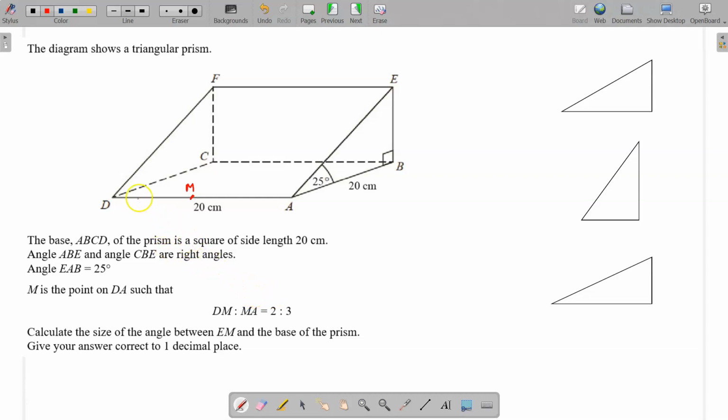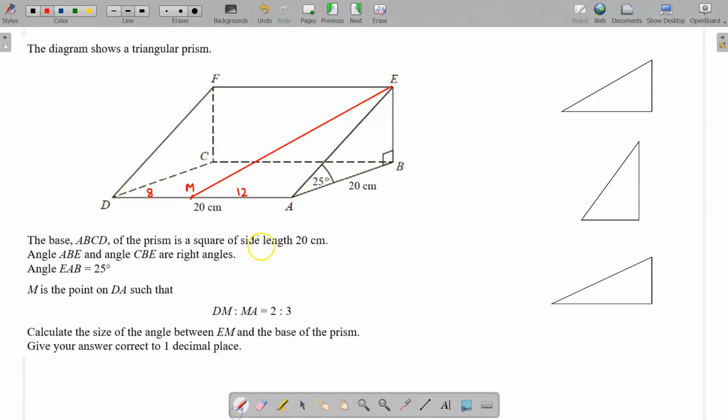Well, you can immediately see then that this would be 8 and this would be 12 centimeters. Okay, and I would put that information on quite early on. So what we need to find is the angle. I'll draw it on here so you can see what we're actually looking for. So if you went from M up to this point E, it would make an angle with the base of that shape.